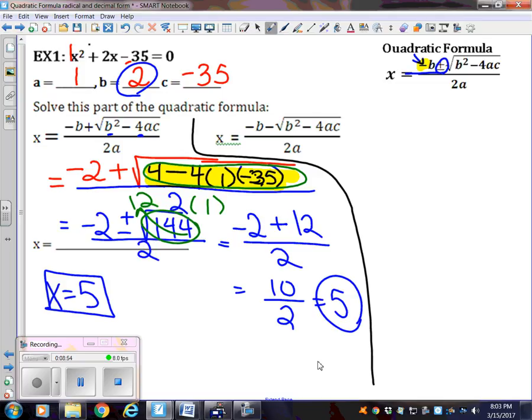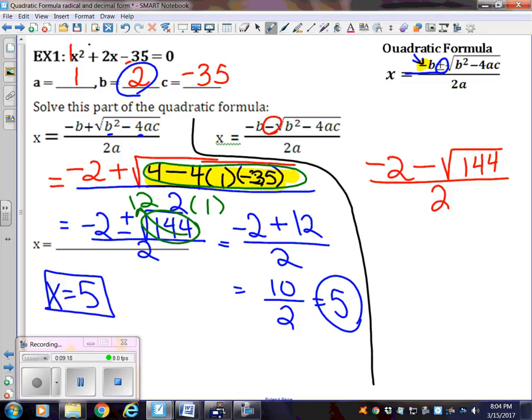Opposite of b, still negative 2. This time, instead of being plus, we're going to do the minus, the square root of. Now, this part underneath would be exactly the same. So it's going to be 144 all over 2a, which is 2 times 1.